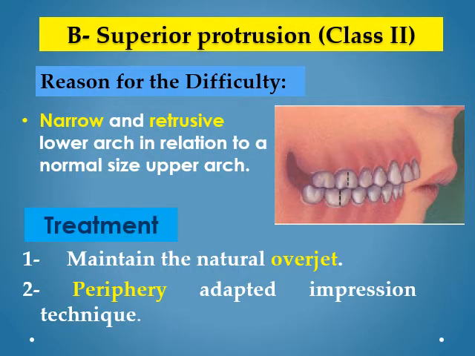Cases of superior protrusion, class 2. A reason for the difficulty: narrow and retrusive lower arch in relation to a normal size upper arch. Treatment: maintain the natural overjet, peripheral adapted impression.